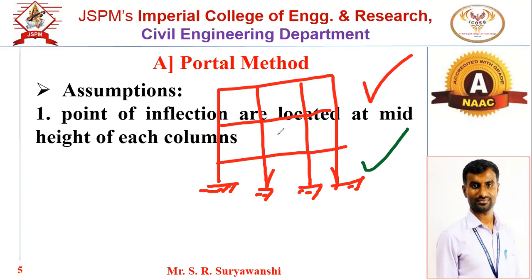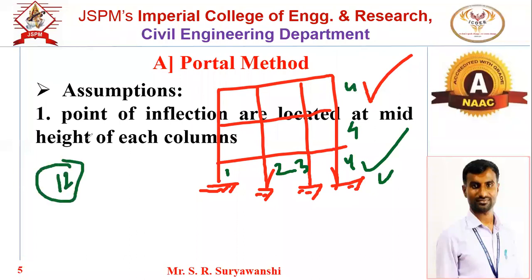So we can say there are 12 columns. 1, 2, 3, 4. So 4 columns for the ground story, then 4 for the first story, and 4 for the second story. So total 12 columns are there.